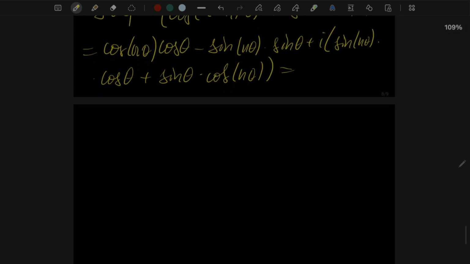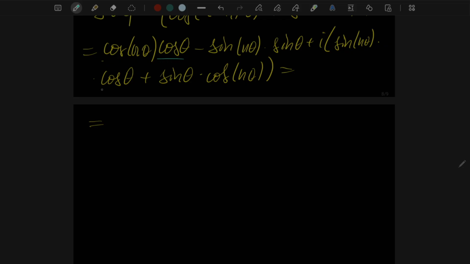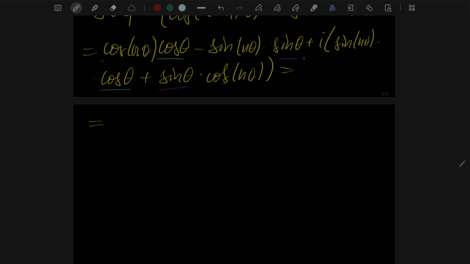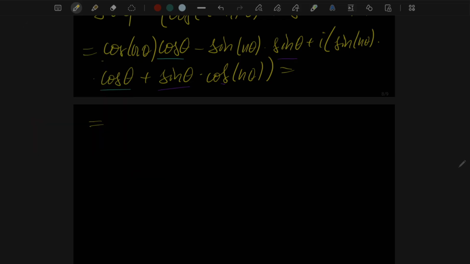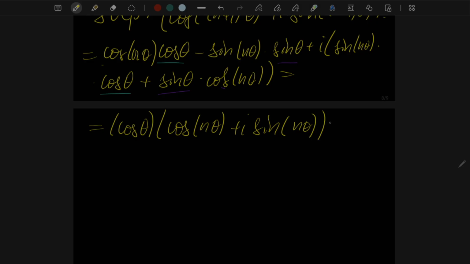And then by taking out, let's take some beautiful color, cosine theta here and here, and let's also take out the sine theta here and here, because we have already proven the distributive property, and we will have the cosine theta multiplied by cosine of n theta plus i sine of n theta, and the same will be for sine of theta.